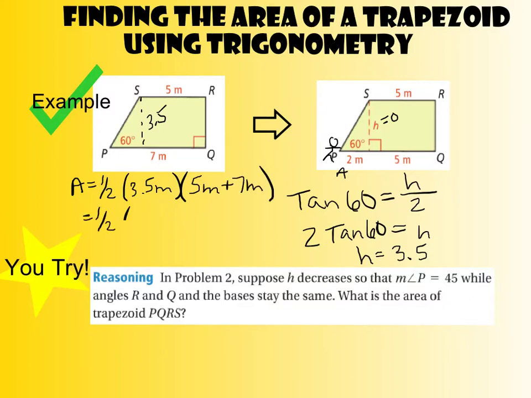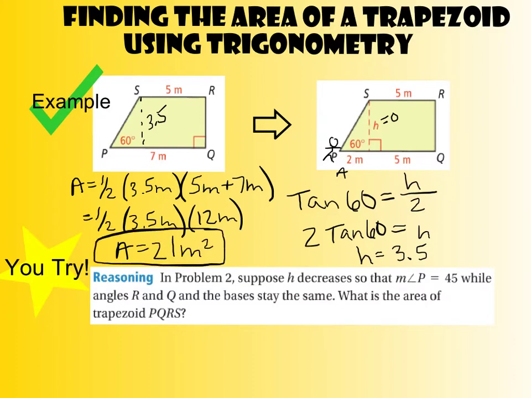So 1/2 of 3.5 meters times 12 meters. I put that into my calculator and I get an area of 21 square meters, or 21 meters squared. So that's my answer to this example problem. Now I need you to do that U-try, which is a word problem version of the same thing. So please go through that and bring that with you to class.